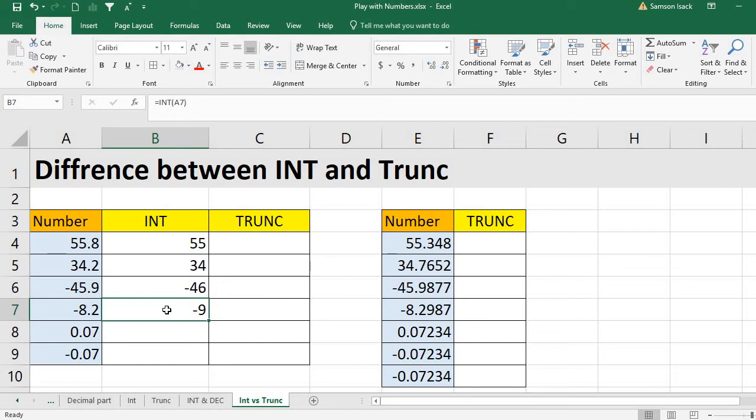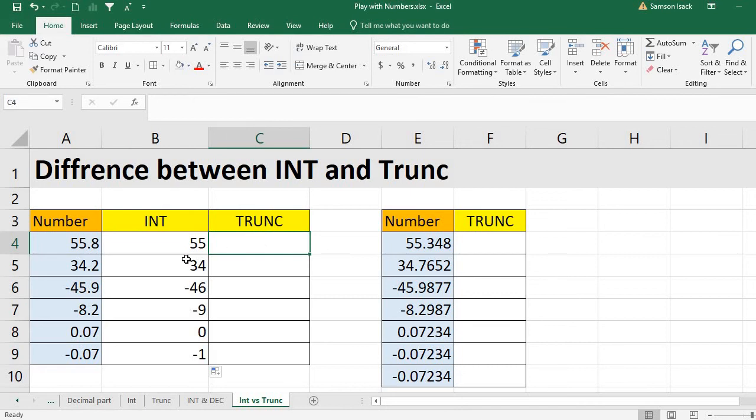Similarly 0.07 gives 0. And minus 0.07, it's very interesting, it gives minus 1. You may expect 0, but it is not, because the nearest integer down is minus 1. This is what is happening in the INT function.